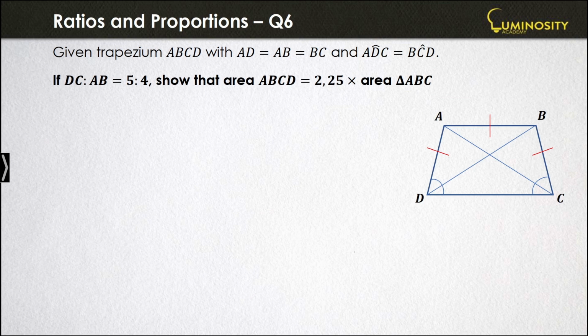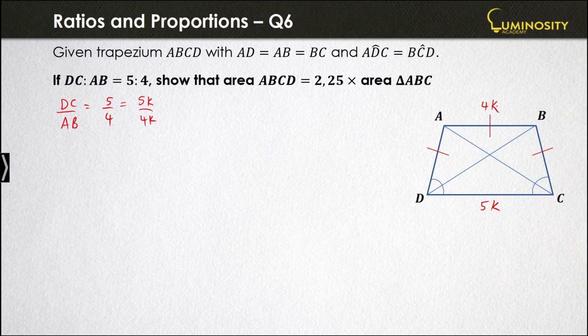Lastly, they tell us the ratio of the side length DC to AB is 5:4. Okay, so essentially what that means is that if you take DC divided by AB, that's 5/4. And I can rewrite that, for example, as 5K/4K. Okay, because that simplifies down. So therefore DC, if that's 5K units, then this is 4K units.